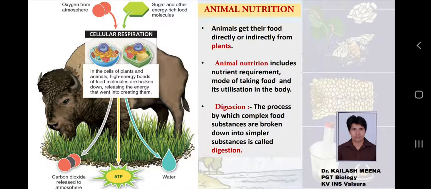So no matter if plants are autotrophs or animals are heterotrophs, ultimately they are going to use that food within their cells for burning as fuel, and then they extract energy from that fuel to survive, to reproduce, to heal wounds, to grow, and to perform any type of task.